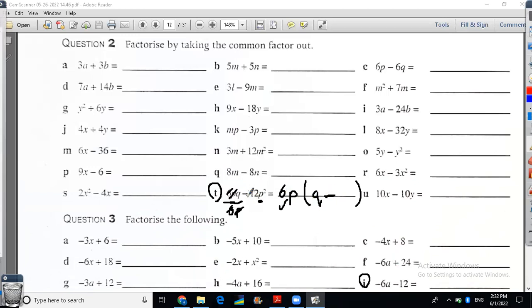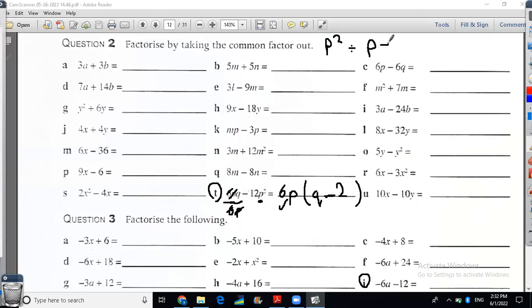Now, the number 12 divided by 6 is 2. p squared divided by p. In dividing, we subtract the powers. You can write it divided by this way or over as a fraction.